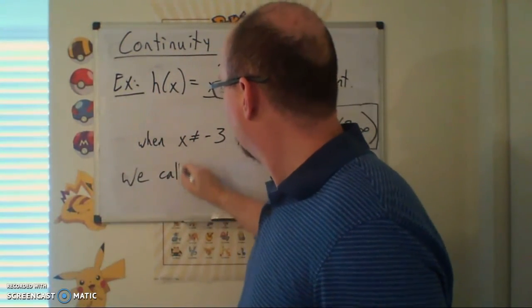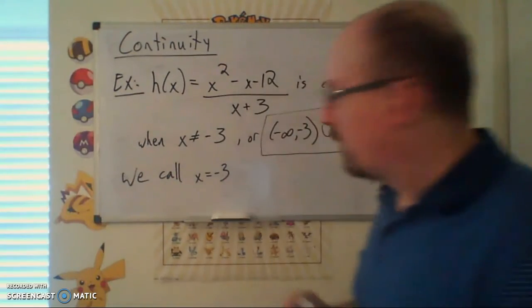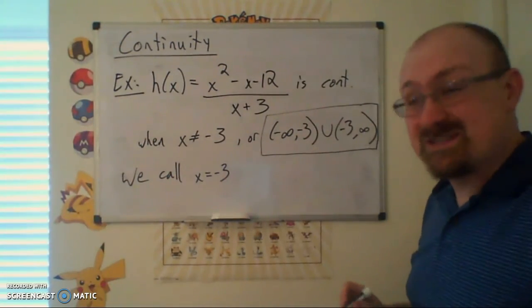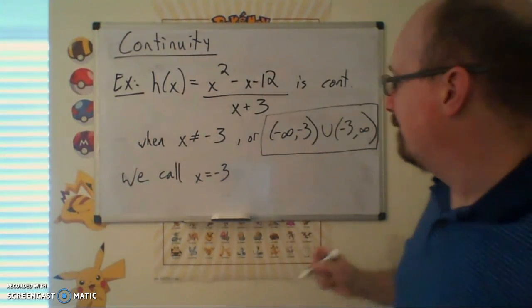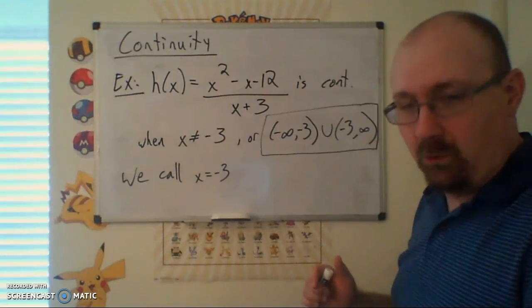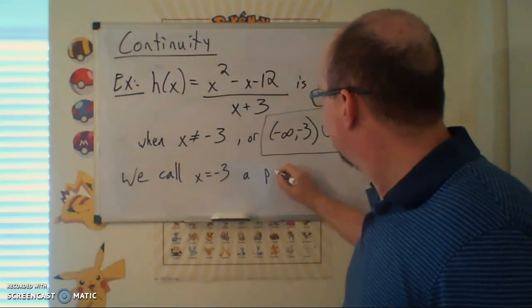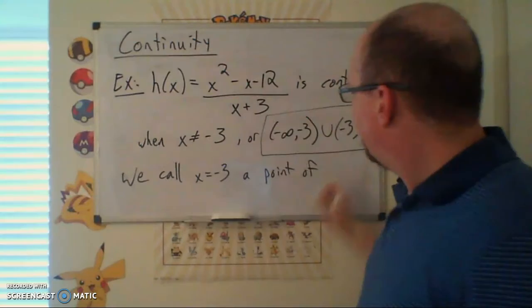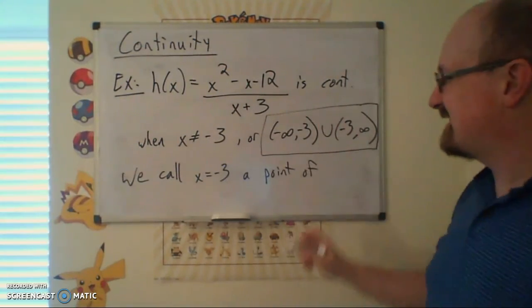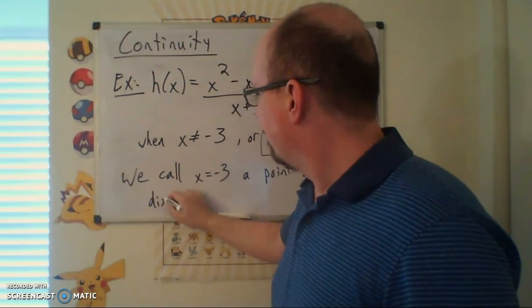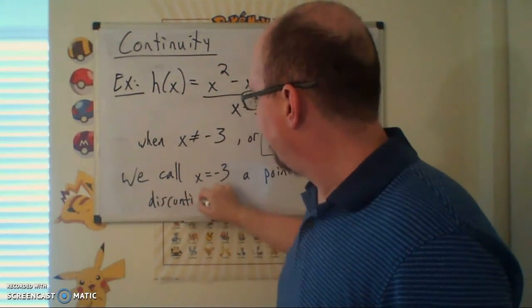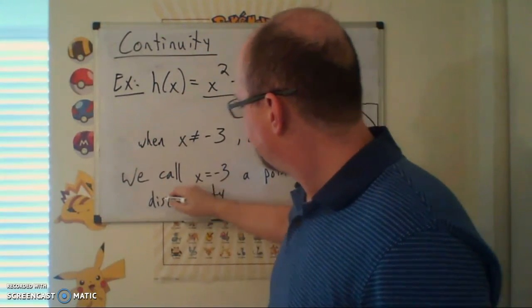We're going to call points where continuity fails, where the function value is not equal to the limiting value, points of discontinuity. I know how big my handwriting is. I don't think I can fit that word in there.